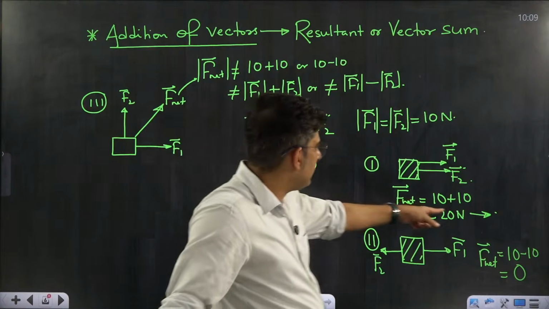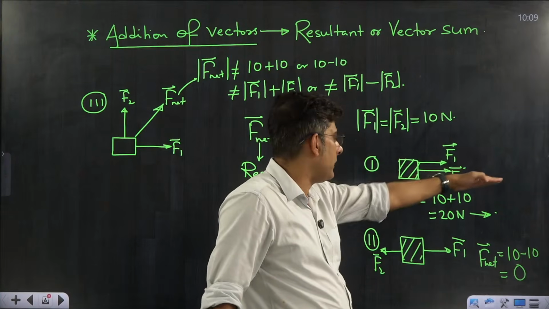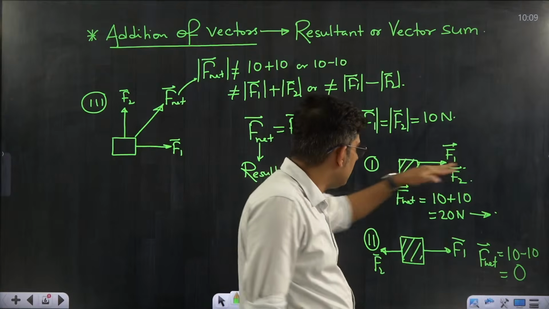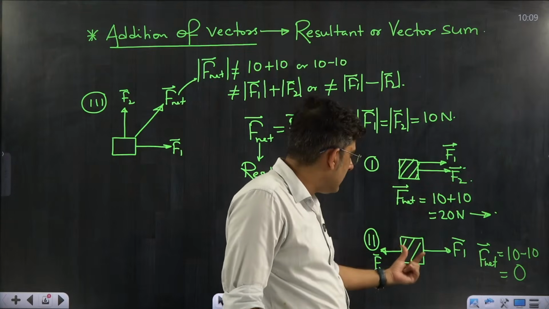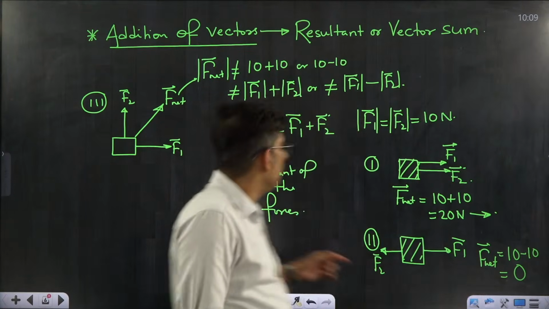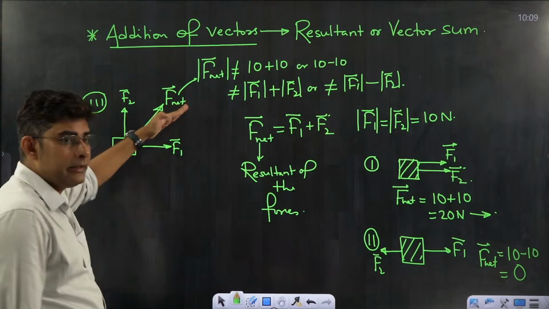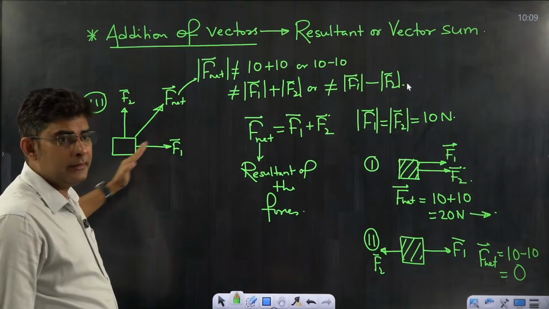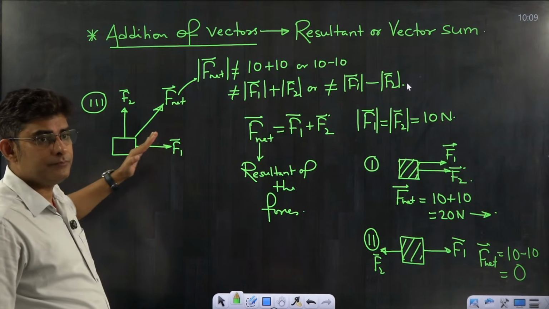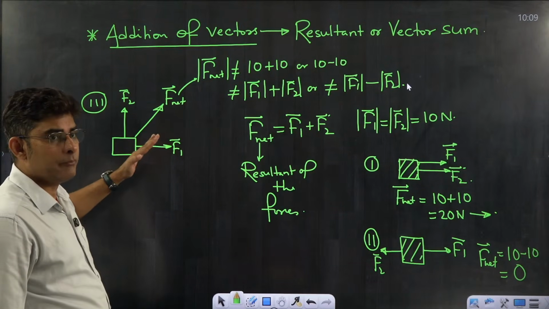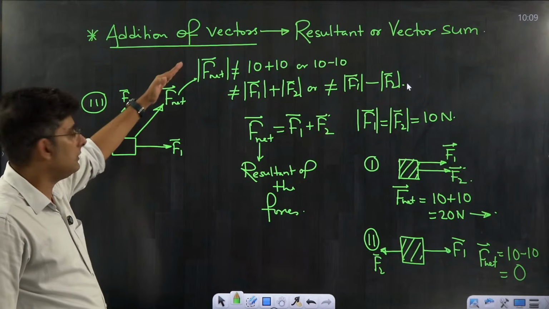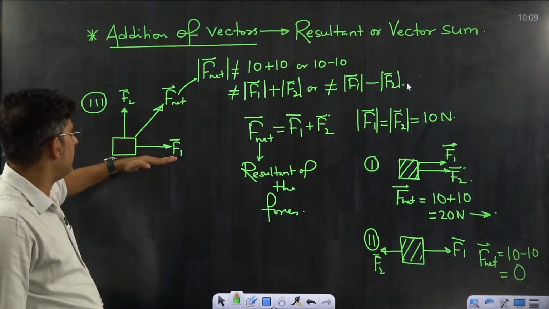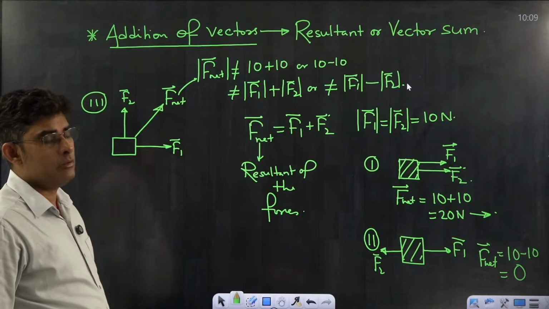Here you see, in the first case the magnitude of the force was 20 and the resultant was in the direction of the two forces. Here you saw the resultant became 0. In the third case you saw that the resultant is not only in right or up, it is in some certain direction, which is neither along horizontal nor along vertical.